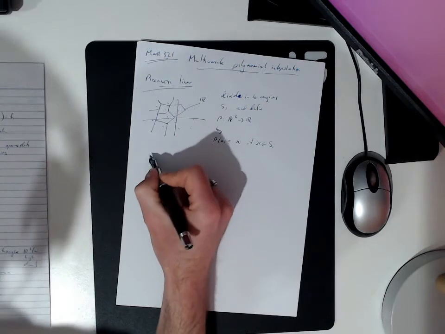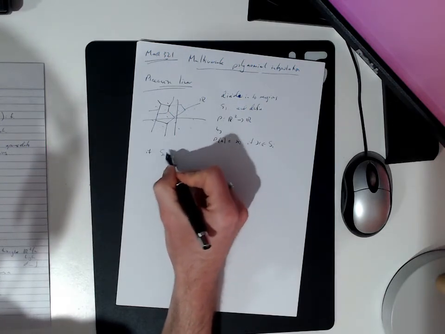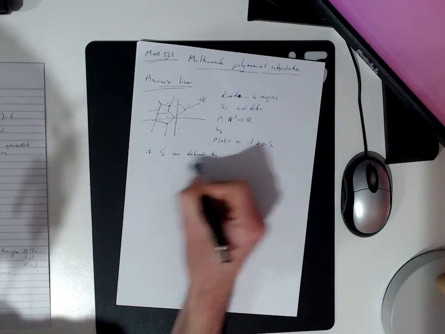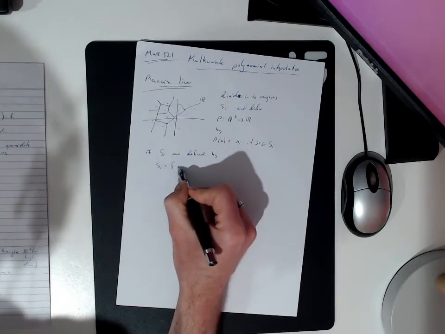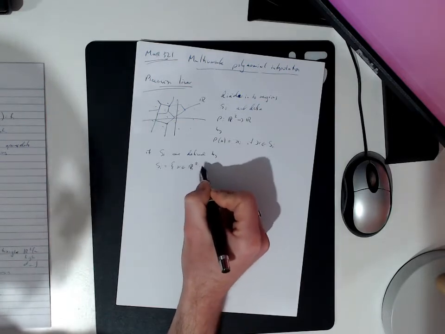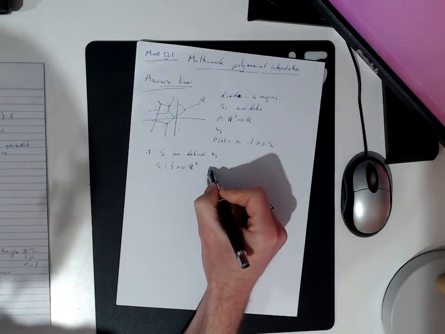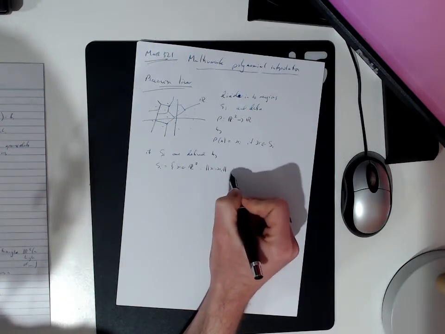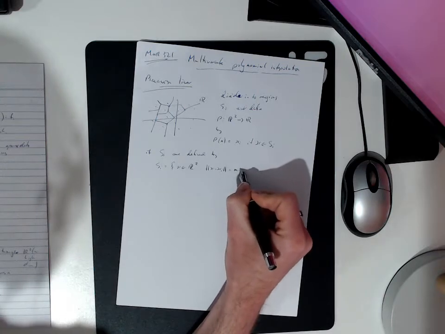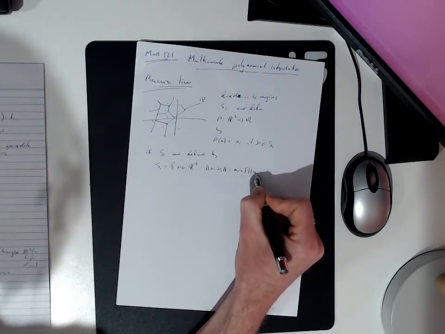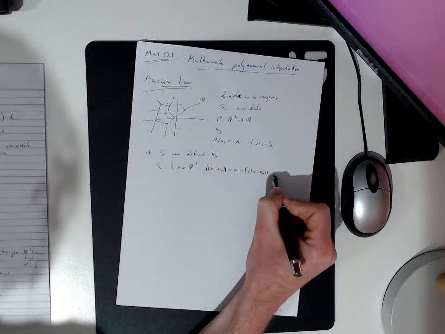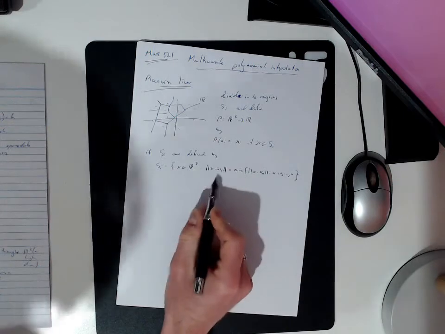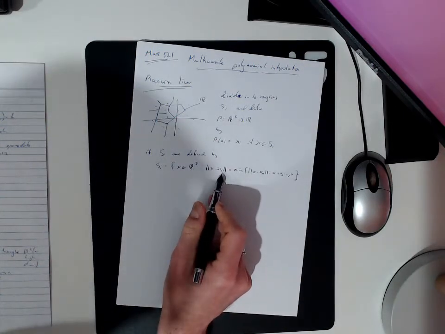Now, if the Si are defined by Si equal to x inside R2, and this would work just as well for Rn, of course, here the xi's are vectors, I mean two-dimensional vectors.